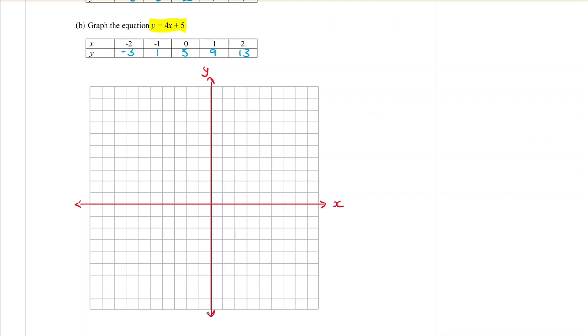From the origin, that's 0, we have positive numbers going to the right. Negative numbers going to the left. We actually don't need to go very far, we're only going from -2 to 2. Going up is positive, and going down is negative.